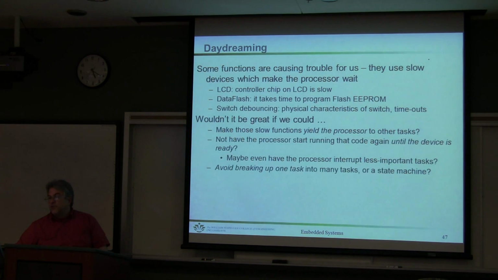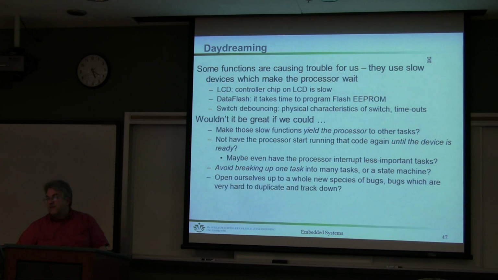So, the thing to take a look at is that there are some functions that are relatively slow, some that are fast. Again, the LCD is slow. Data flash is also a bit slow if you want to write to it. And by the way, switch debouncing is really a physical characteristic of the mechanics associated with that switch.